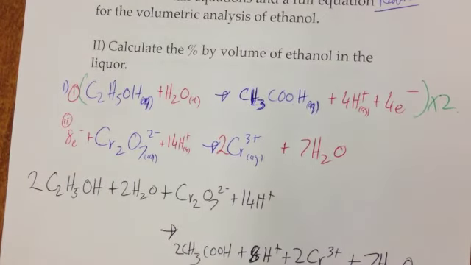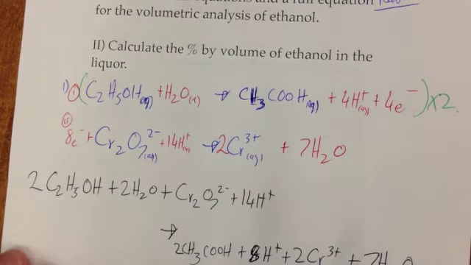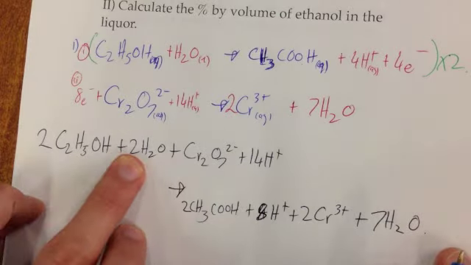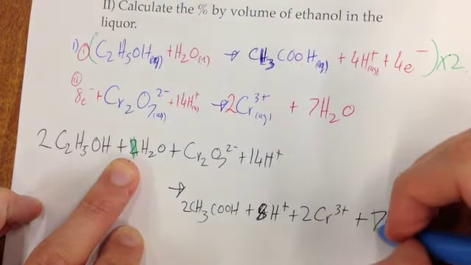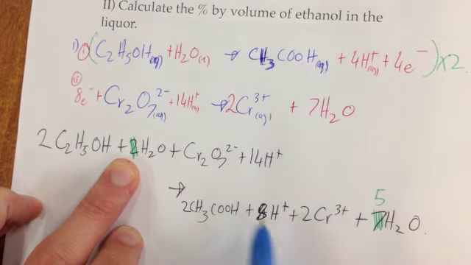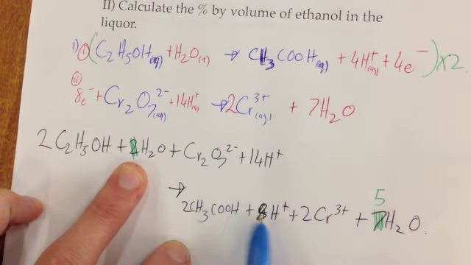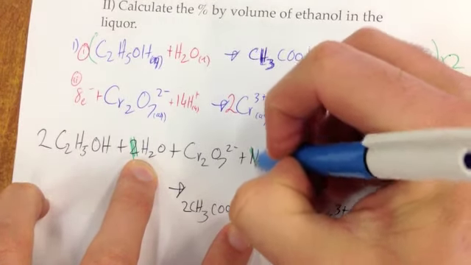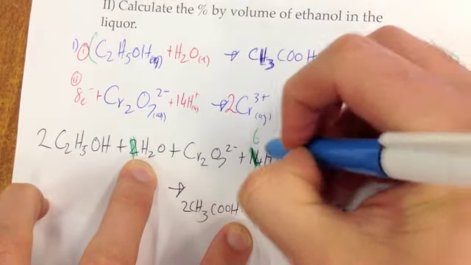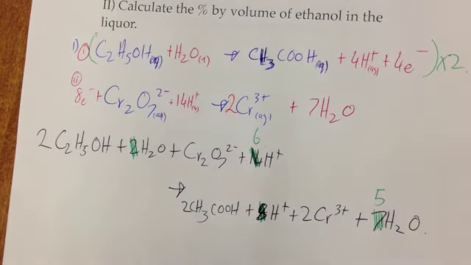And now I cancel out the stuff that is on both sides. 2 waters here, 7 waters here. Cross this off, and this one goes down to 5. 14 H plus on this side, just 8 on this side. Cross this off, this goes down to 6. And then I can write out the whole thing again without these.